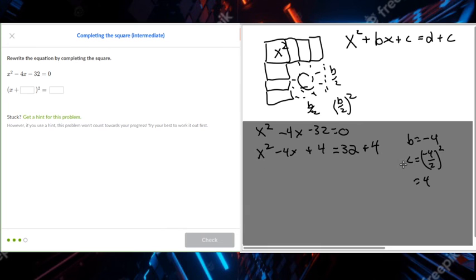Now our constant here is going to be b over 2, so we're going to have x minus 2 squared is equal to 36. That's easy to take the square root of.